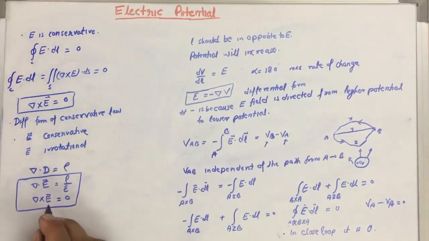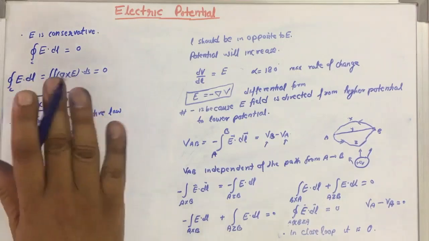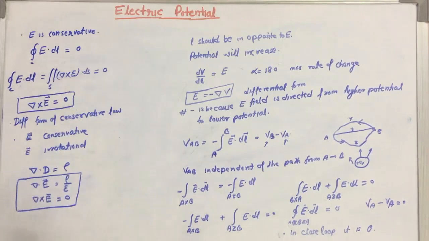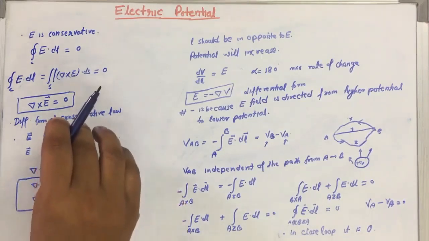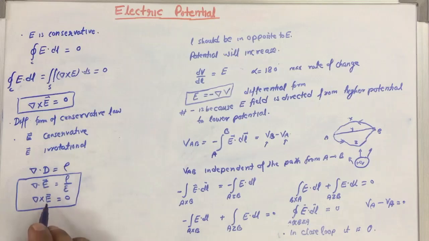And if any field is given and we try to find the curl of that field and it is not 0, it means that the given field is not an electric field, that is something else. So to identify that the given field is an electric field, the curl of that field will be equal to 0.